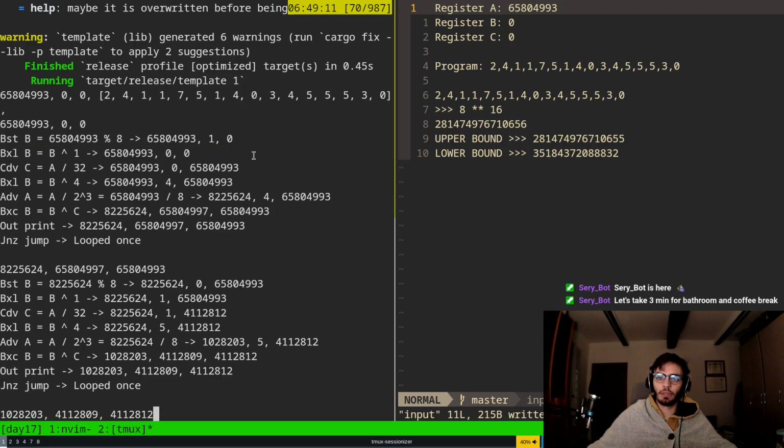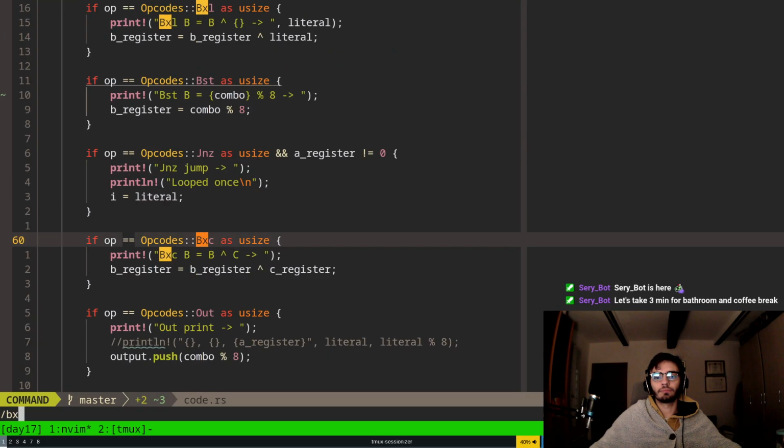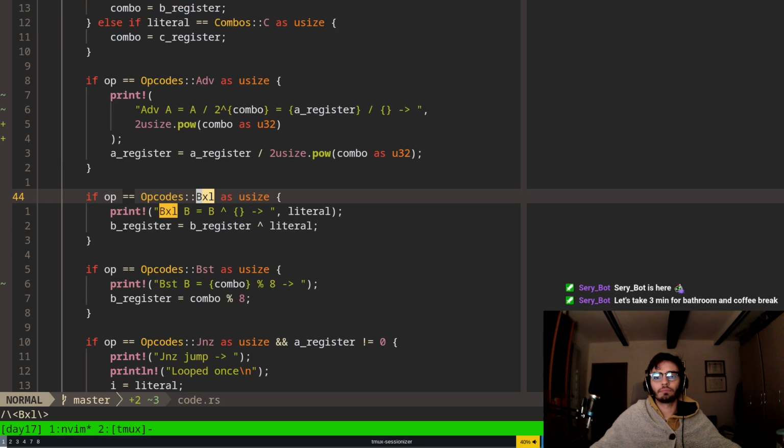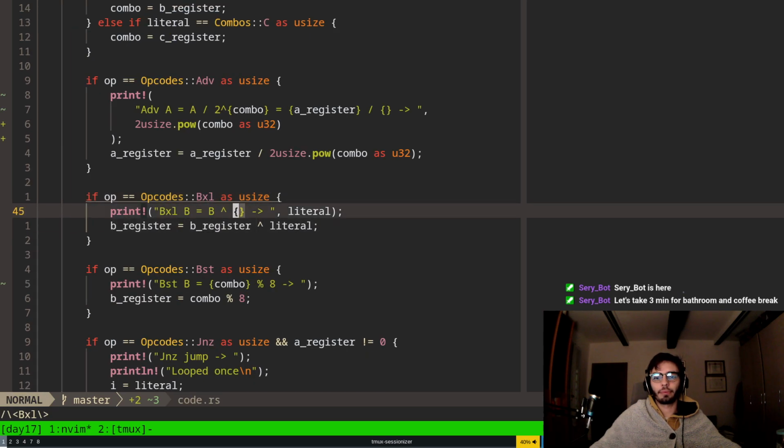Let's keep it going. So mod 8 of B, then B XOR 1, which again, we should make it look a little bit better.